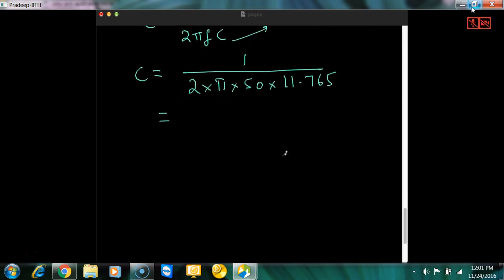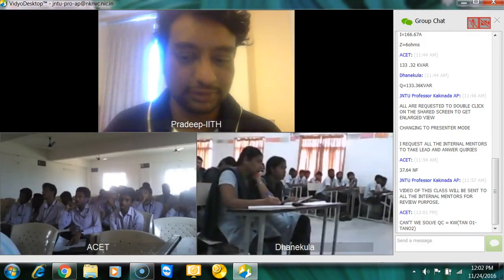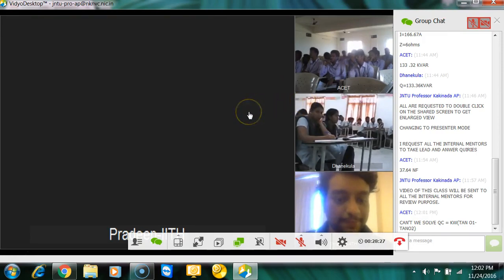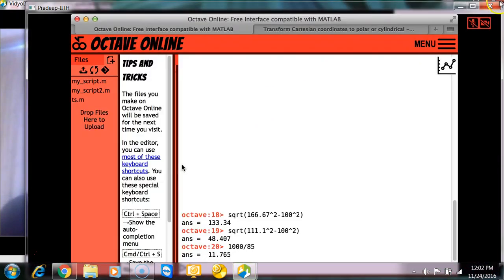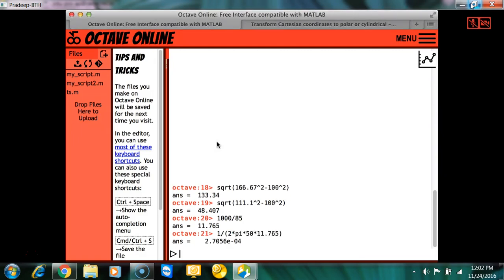Let me switch to the calculator mode and show the calculation. So Aditya College has asked one doubt. I'll also address that doubt, but let's complete this calculation and come back. So the calculation is 1 divided by 2 into pi into frequency 50 into 11.765.